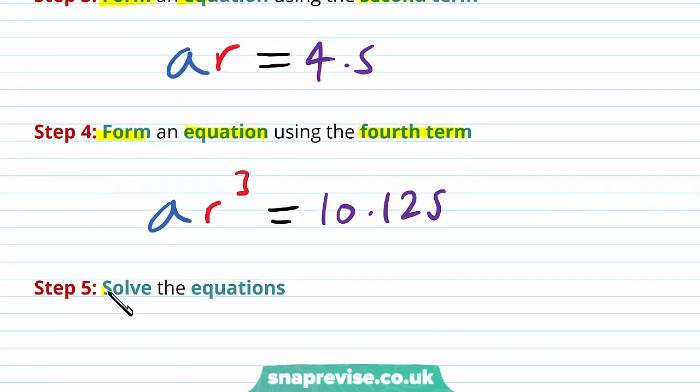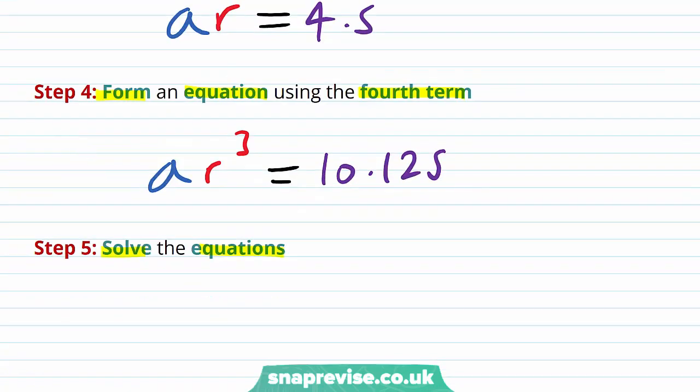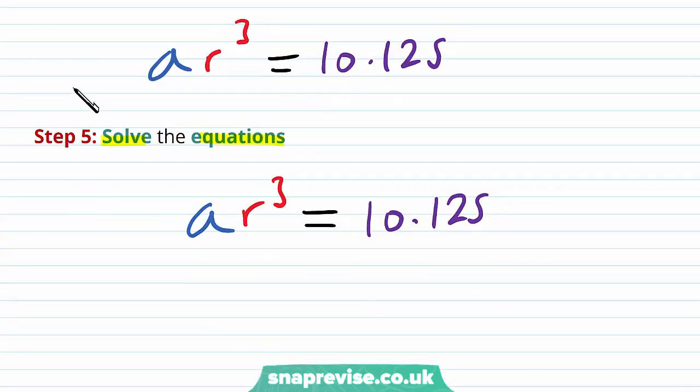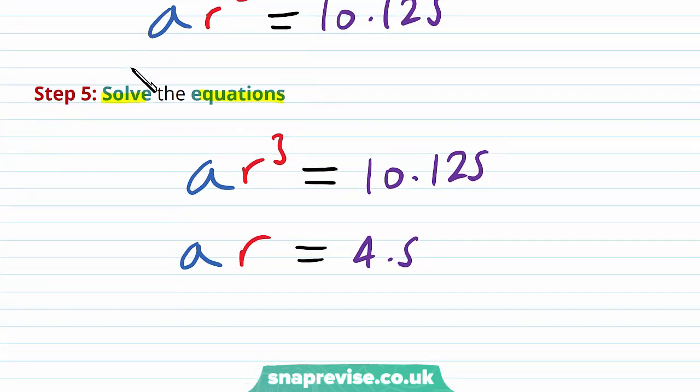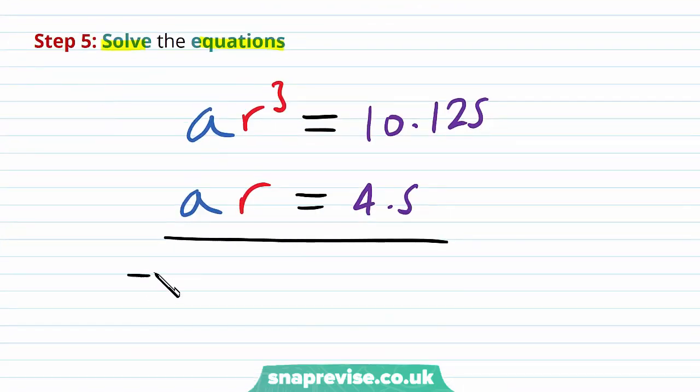Our fifth step is to solve the equations. Putting the second equation first, we have ar cubed is equal to 10.125, and then our first equation, which we're now going to have as our second equation, is ar is equal to 4.5. I've done this in this order because I'm going to be dividing, and by dividing, I get just r squared, because a cancels with a, and I have 2.25 on the right hand side.